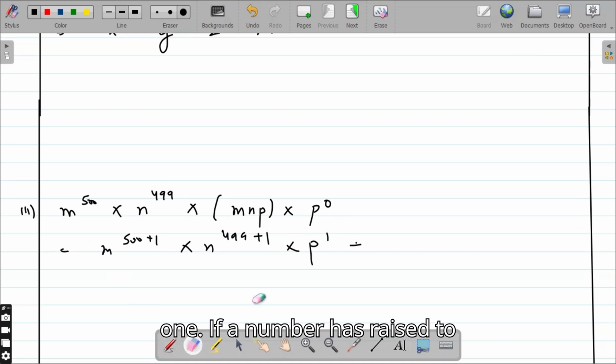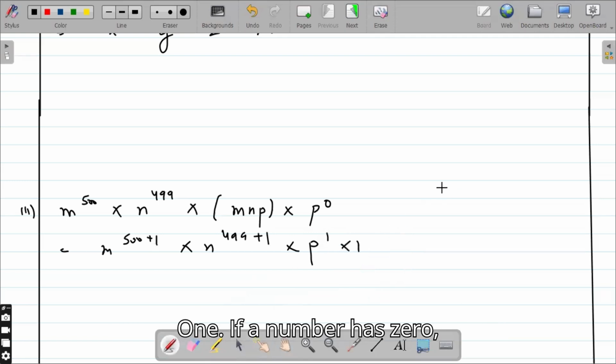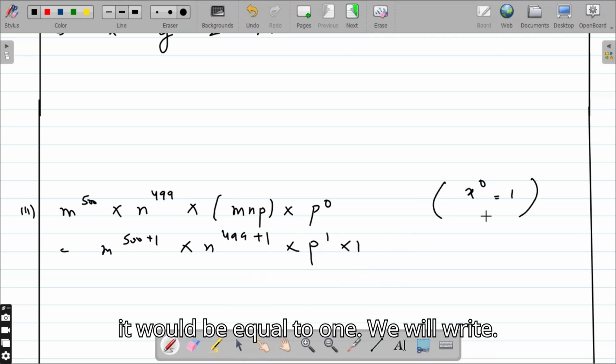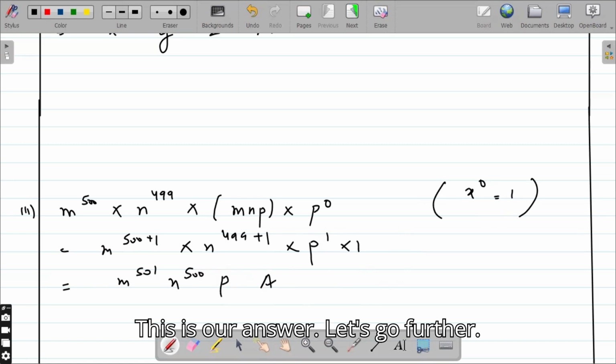If a number is raised to the power 0, it will be equal to what? 1. If a number has power 0, it would be equal to 1. We will write, so, we'll be writing m^501 and n^500 p. This is our answer.